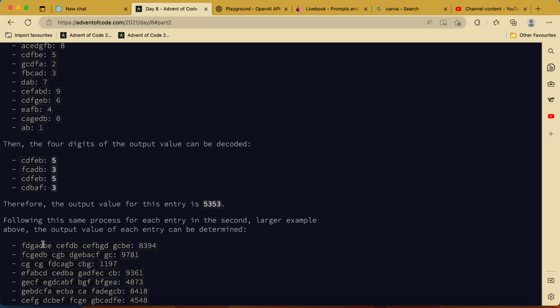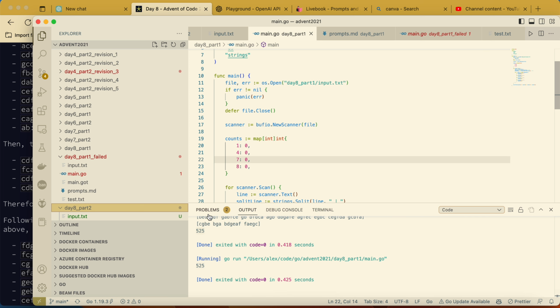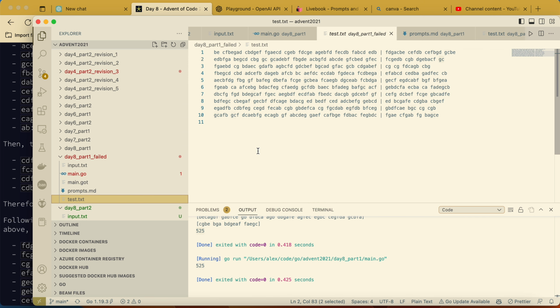Now, instead of simply counting how many 1s, 4s, 7s and 8s there are, we need to correctly decode the given number, and we probably need to sum them up.